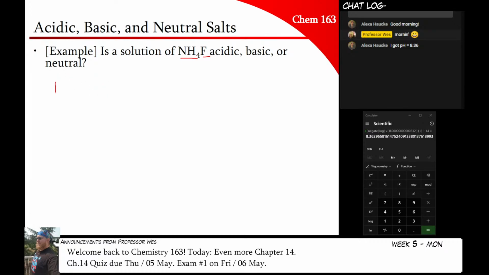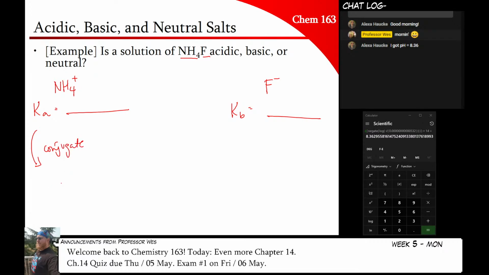So first I have this, and I have this. So what I'm going to do is compare Ka versus Kb. Now, I don't know this number, and I don't know this number either. So we're going to have to look at the conjugates.